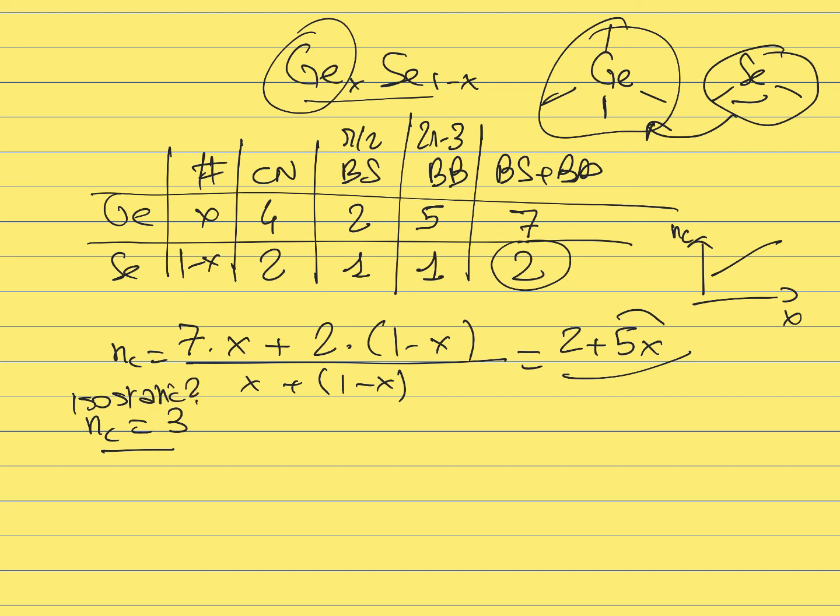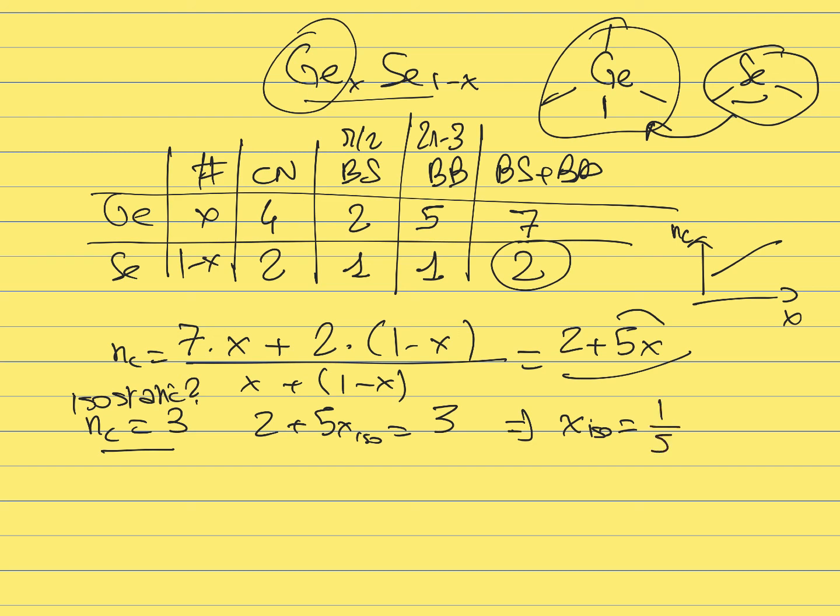So you need to solve 2 plus 5x. You need to find the value of x that's going to give you a number of constraints equal to 3.